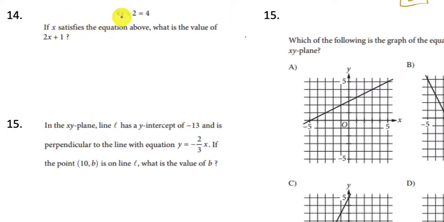Number 14. 4x plus 2 equals 4. If x satisfies the equation above, what is the value of 2x plus 1? There's a few different ways that we can solve this question. The simplest and most straightforward is to find x and then plug it back in. Our first step to find x here would be to subtract 2 from each side.